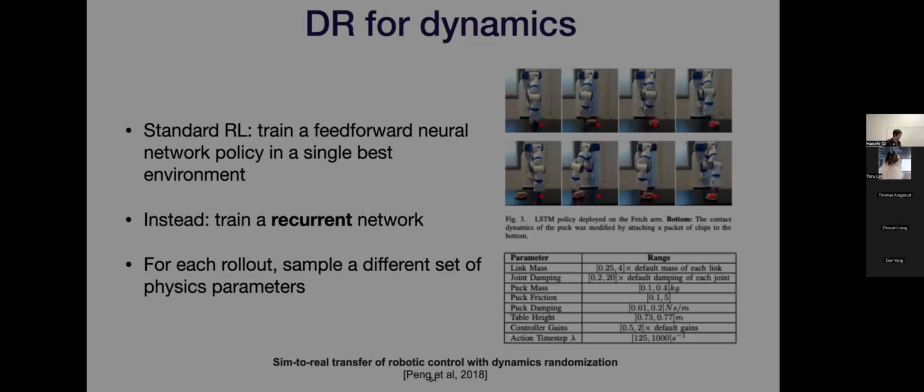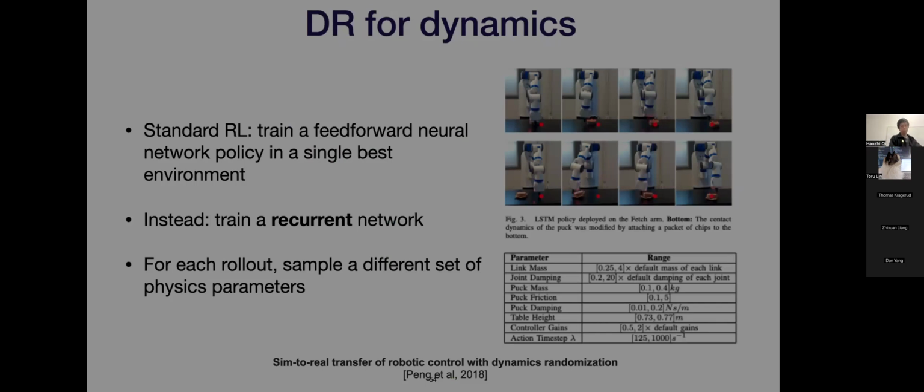There is also the dynamics part. This is a simple pushing task trained from simulation to the real world. In the simulation training, for each rollout, the authors sample a different set of physical parameters, shown here.